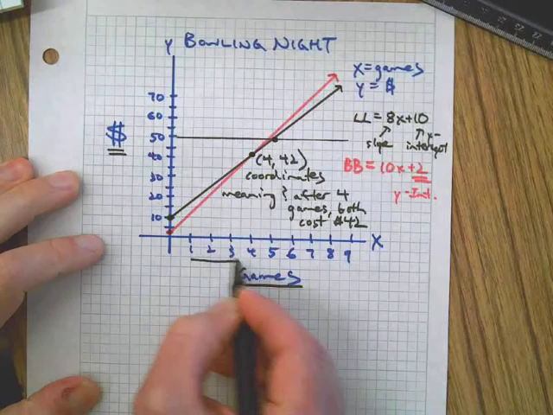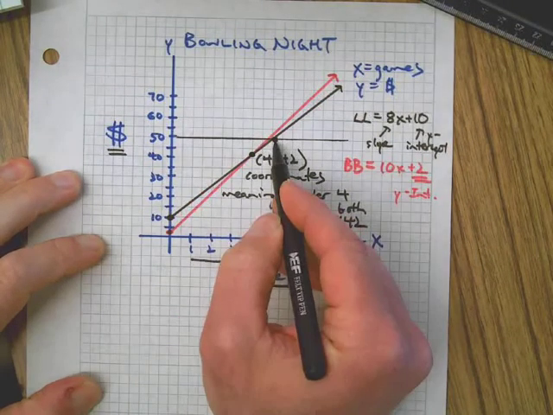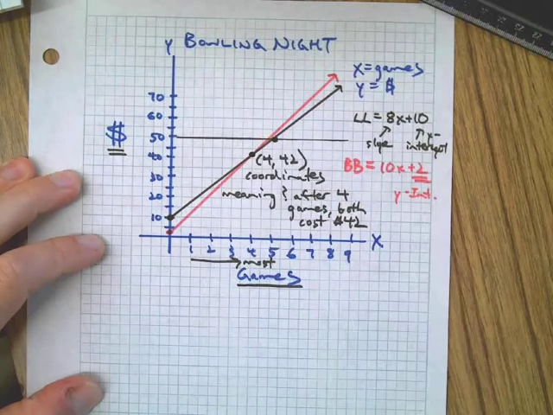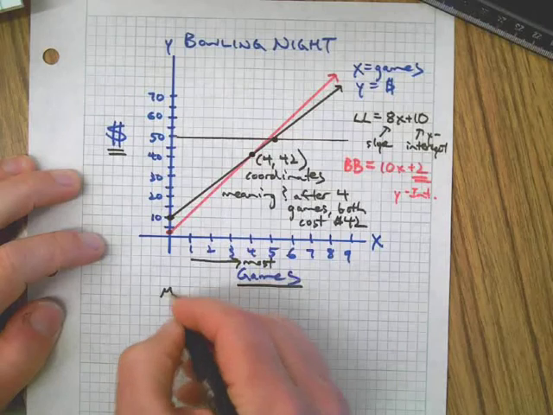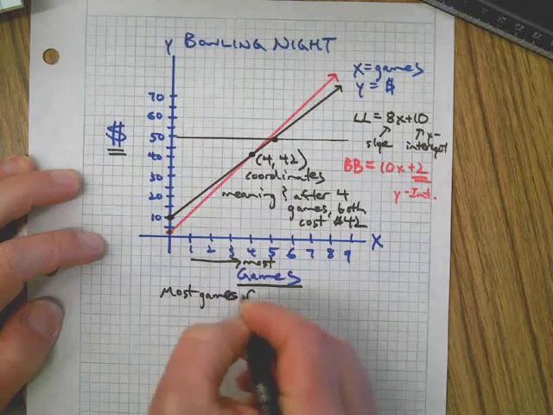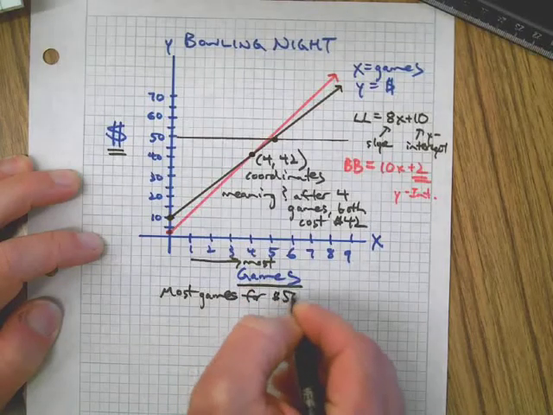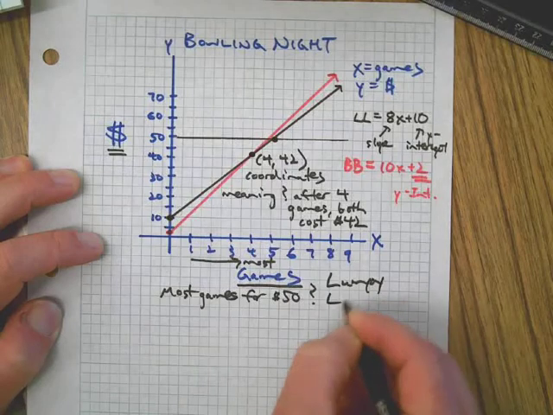And remember, furthest over on the x-axis means most games. So, black, lumpy lanes, most games for $50. Lumpy lanes.